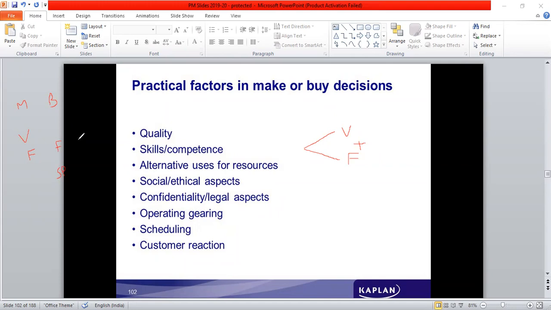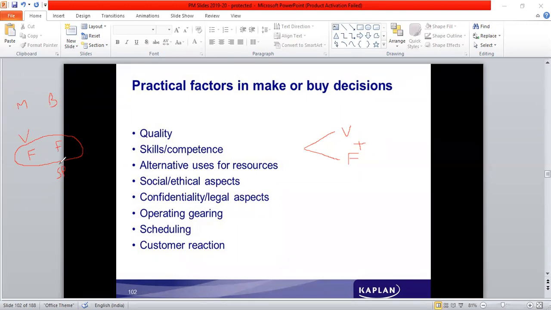If the fixed cost part of it is quite low, the decision is completely dependent on the proportion of variable cost and the supplier's price. And if a major part of it is variable cost, variable cost is quite high, so the supplier's price would be cheaper. So then the decision is bent towards buying it.